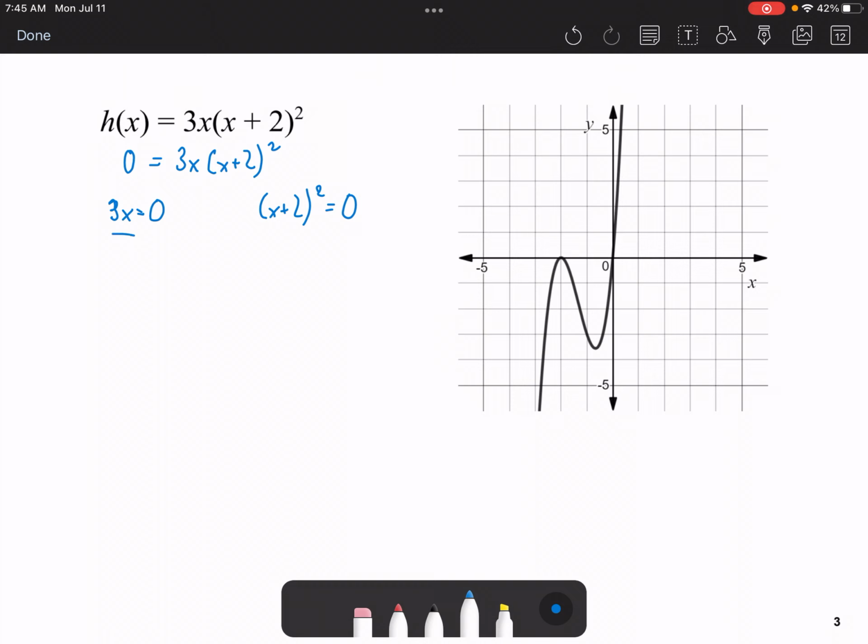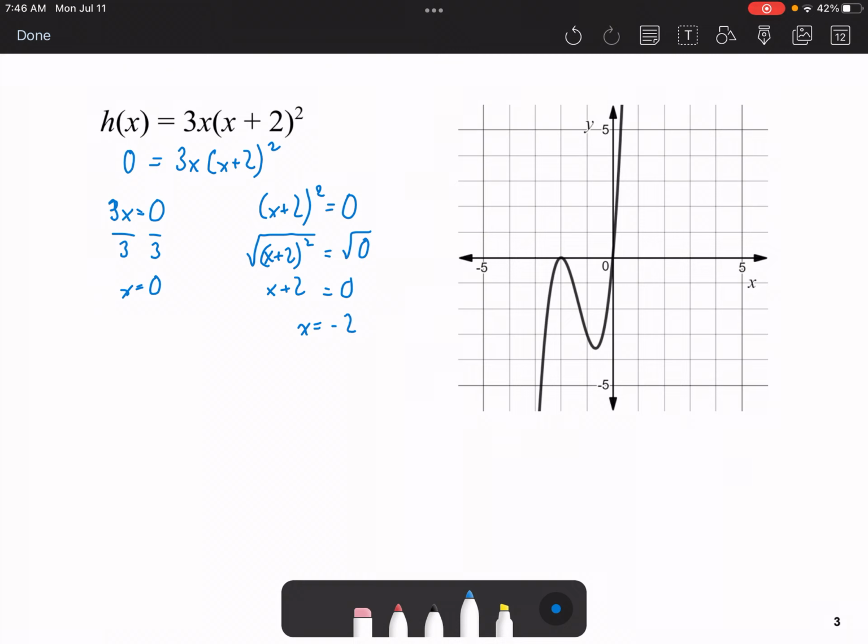If I divide both sides of the first by 3, I get x equals 0 as an option. If I square root both sides of the second, I get rid of the squared. The square root of 0 is just 0, and the square root of (x + 2) squared is x plus 2. Solving this, you get x equals negative 2.